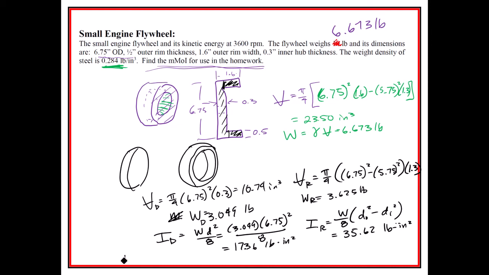And so the I total is going to be 52.99 pound inch squared, but we want to divide by 32.2 and 144 square inches per square foot.